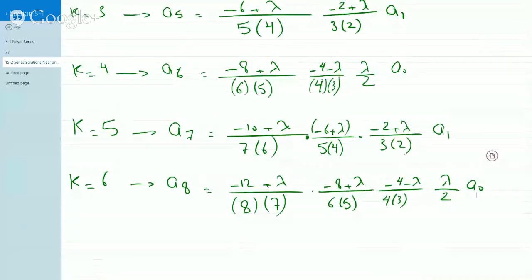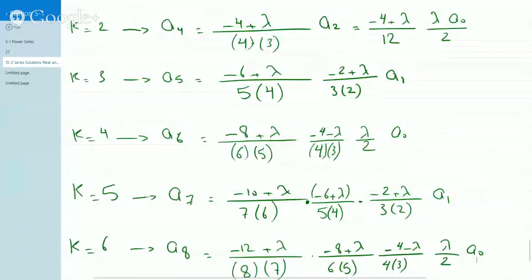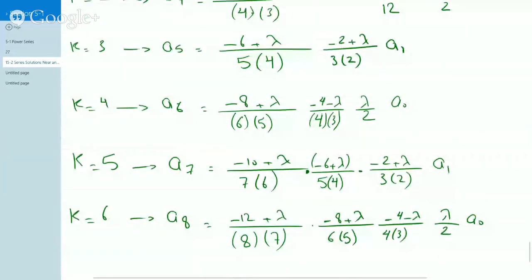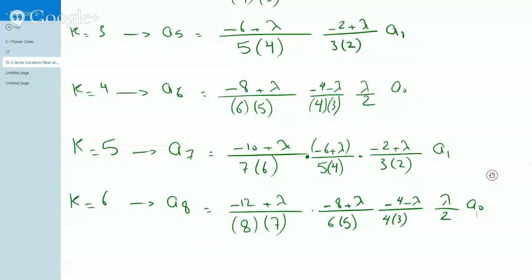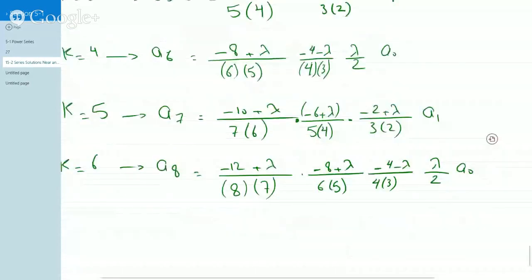Let me see if it's needed to go further. 1, 2, 3, 4, 5, 6. I think that's enough terms for us to establish a general correspondence. Where are we?